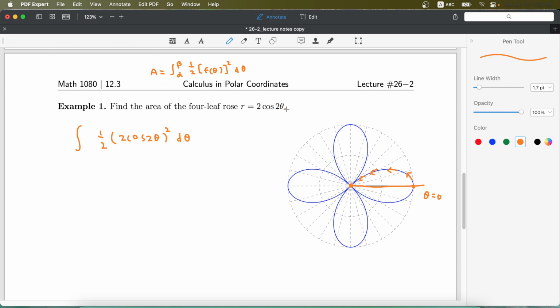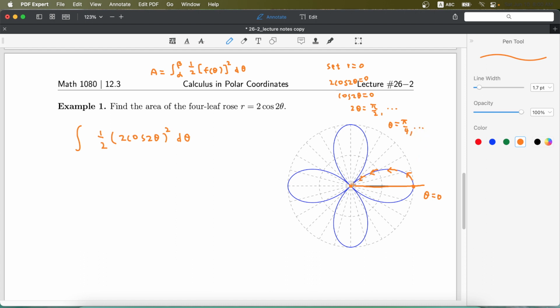Okay, so you might want to set this equal to 0 to get 2 cosine 2 theta equals 0. So cosine 2 theta equals 0. So that means 2 theta should be pi over 2. And of course, dot, dot, dot. Okay, but notice that we just want the first one after theta passes 0. Okay, so that's pi over 2. That means your theta is pi over 4.